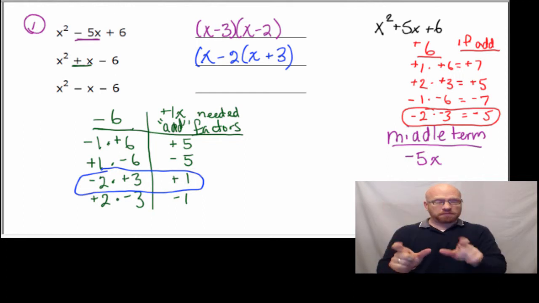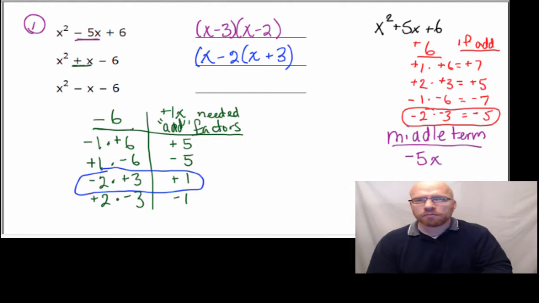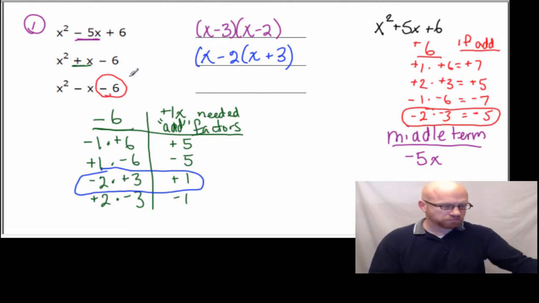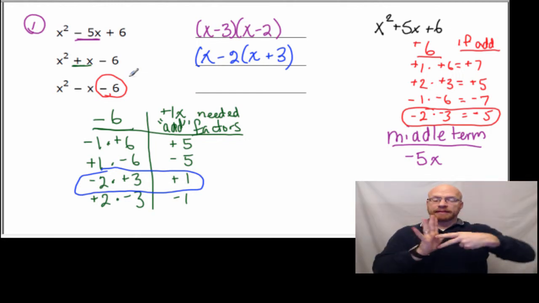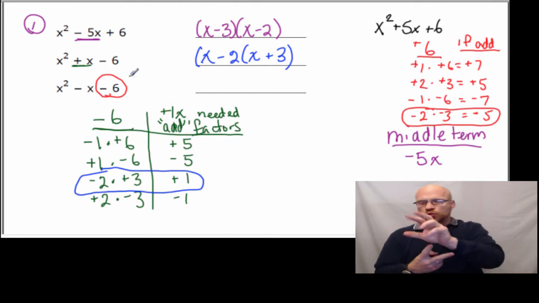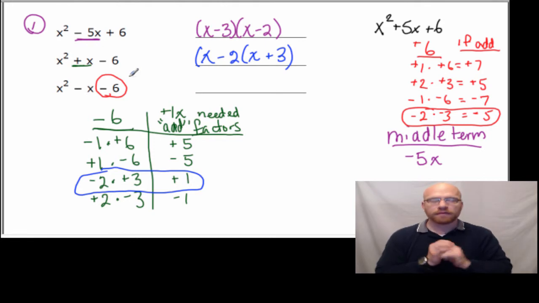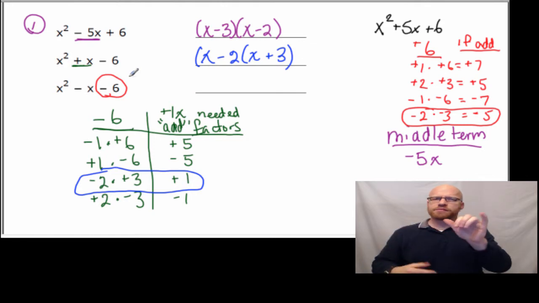We might be able to use what we have in our new table here with the negative 6. Our last term in this trinomial here is negative 6. So negative 6 is what we need to multiply together. I want the pair 1 and 6, 2 and 3 must be mixed sign, one positive, one negative, to make negative 6. Now the middle term this time is minus x, which is minus 1x.